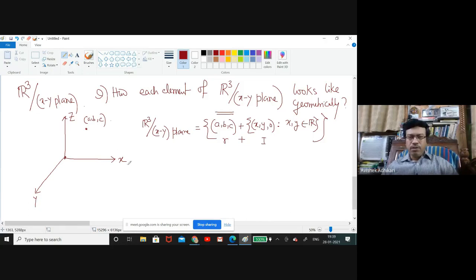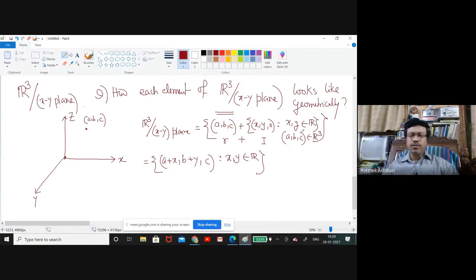Now if I write it in a bigger way, how does it look? All the elements are added with A, B, and C. So it should look like (A plus x, B plus y, C) such that x, y belongs to R. First of all, see here all the elements should vary. So I must also write here A, B, C belongs to R3.